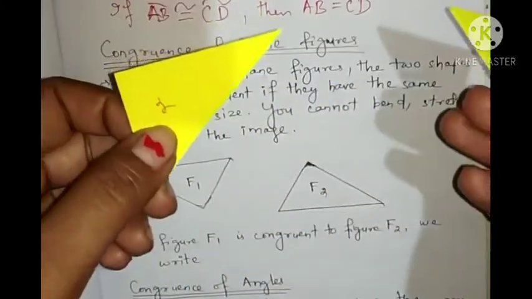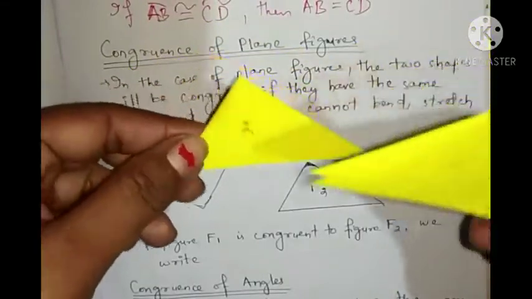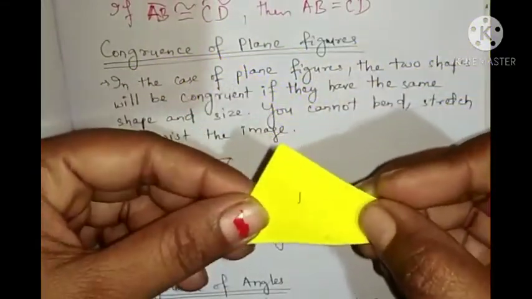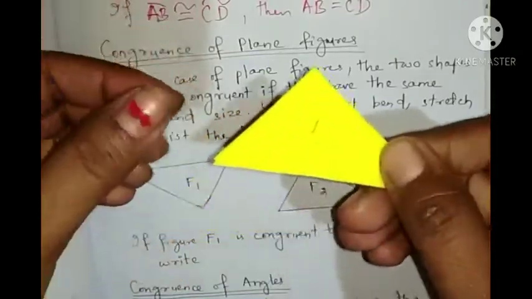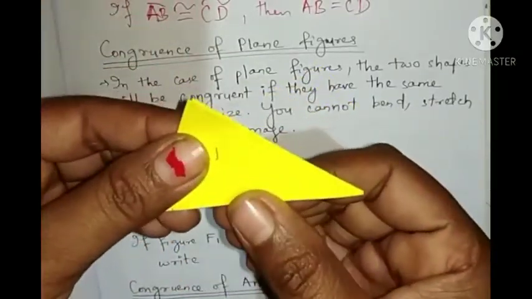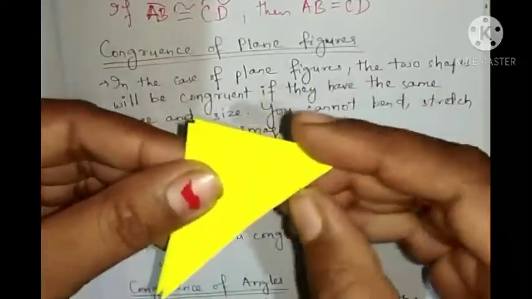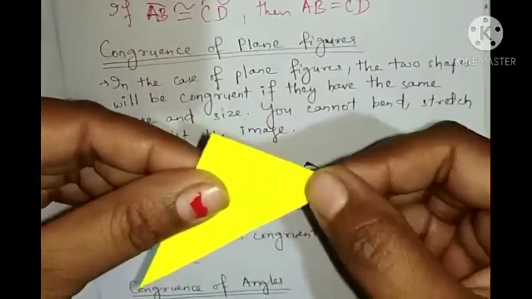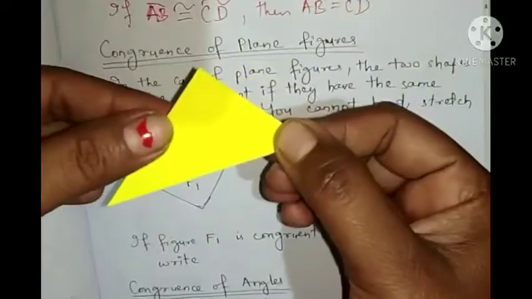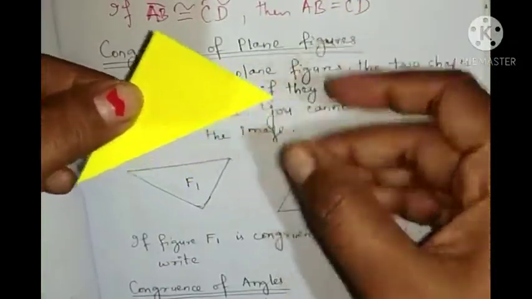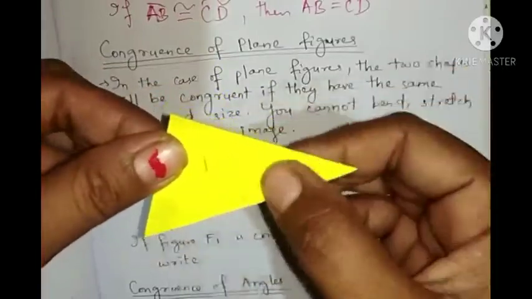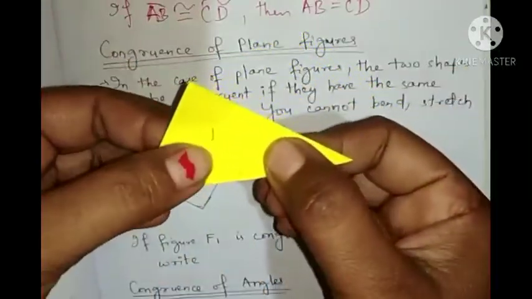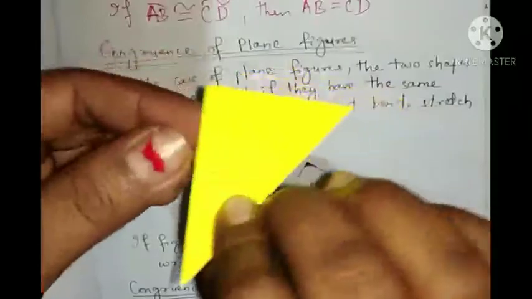So how will we know these are congruent? If I keep one figure on another, or if we superpose one figure above another, what will we get? They will fit into each other. Look how they are fitting into each other, exactly fitting on each other from both sides.